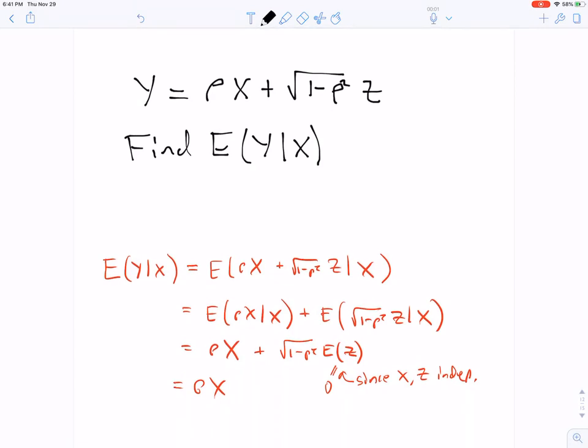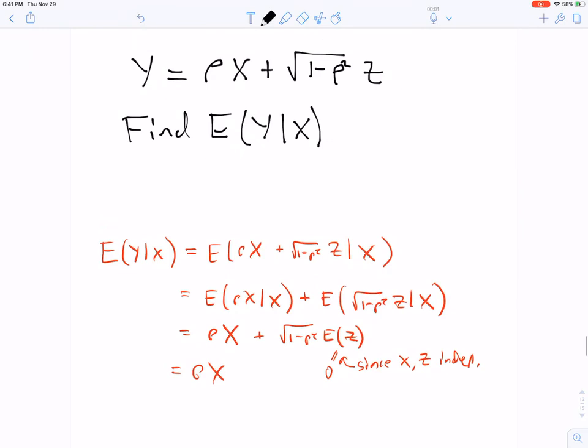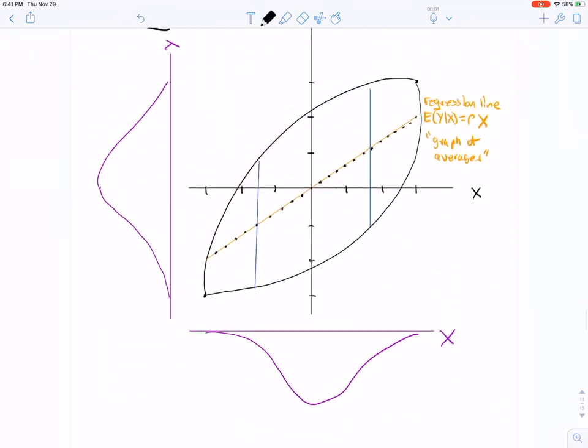And then we found the expectation of Y given X was rho X. So in fact, this line that I've drawn here, what's called the regression line, is in fact a line.